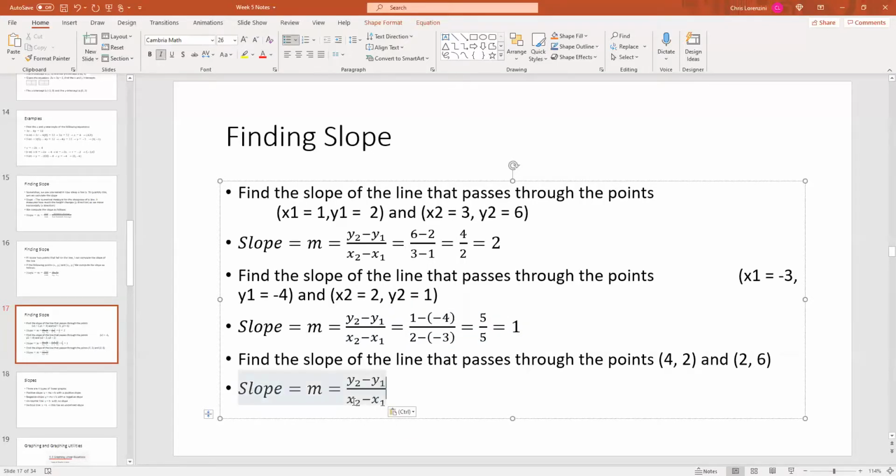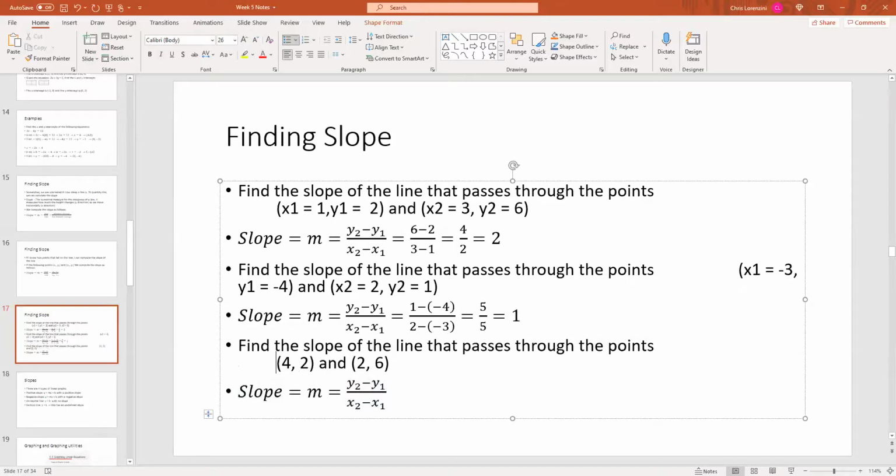Last one, slope of the line that passes through the points (4, 2) and (2, 6). I go about doing it the exact same way. Pick one of the points to be x1, y1. Pick the second point to be x2, y2.